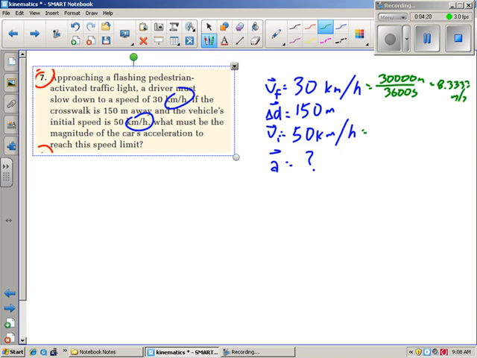Now 50 kilometers per hour is 50,000 meters over 3,600 seconds, which is 13.8 repeating. Unless we have a final answer, we want to go to 4 or 5 decimal places. So don't round that to 13.9 or 13.8 or even 13.89. Go to at least 4 decimal places like I have. Even more is better.